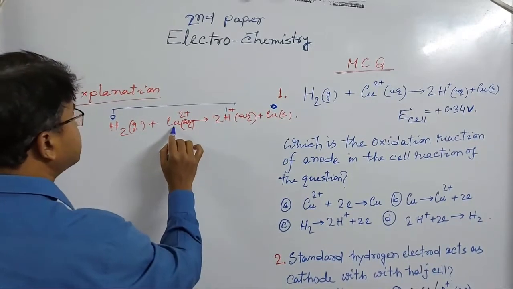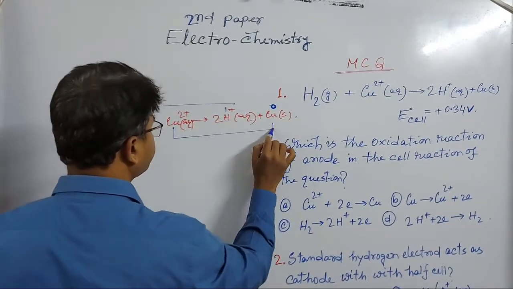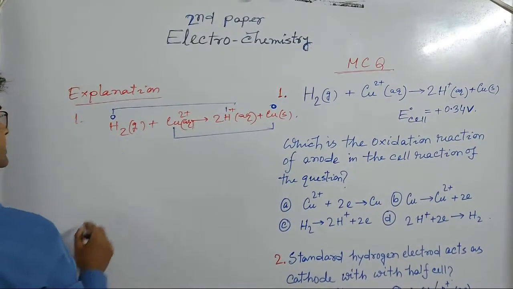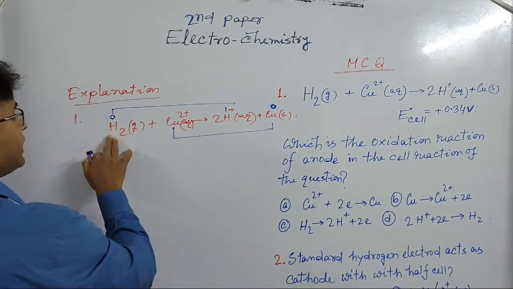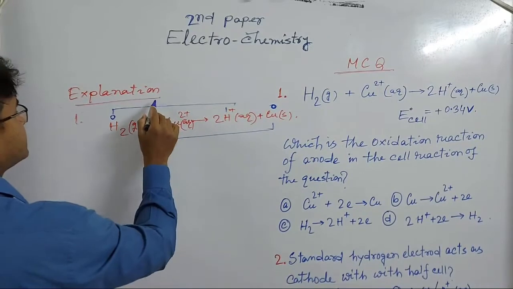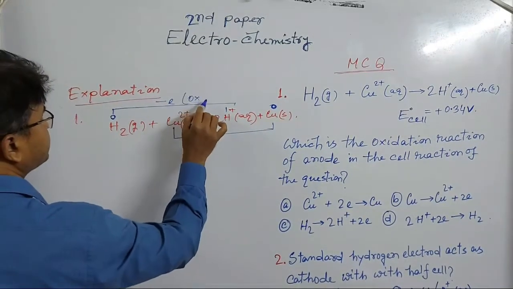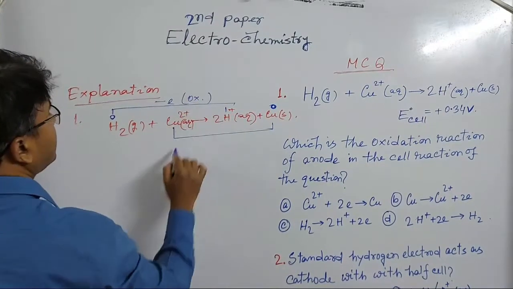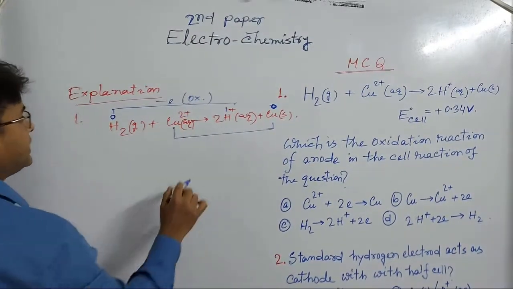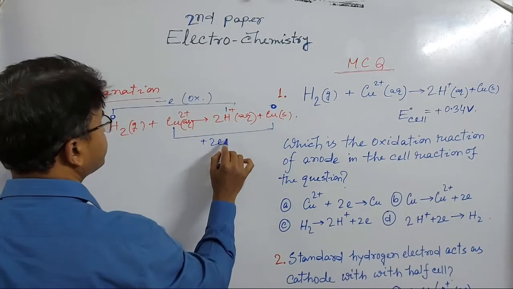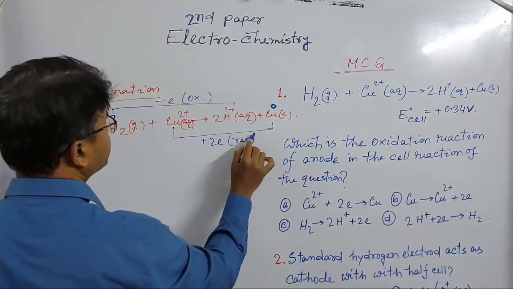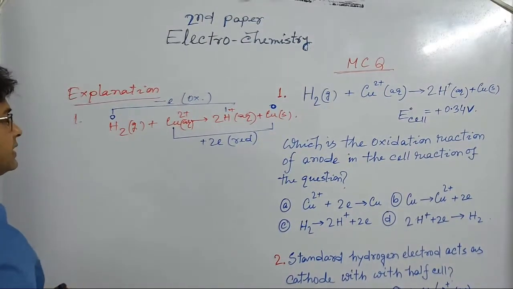It is decreased from plus 2 to 0, and in case of hydrogen it releases one electron. I mean oxidation reaction takes part here, and in case of copper 2 plus ion it accepts 2 electrons. It means reduction reaction takes place here.